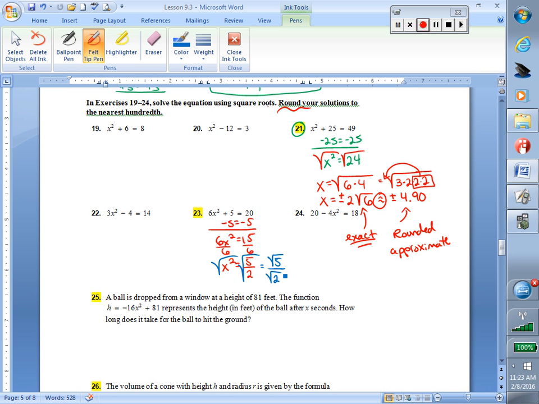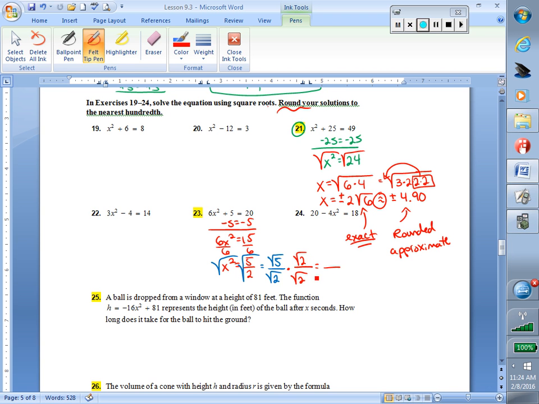We can't have a square root in our denominator. So in order to get rid of that, we multiply numerator and denominator by whatever radical we need to get rid of. So if it's the square root of 2, I multiply by square root of 2. Or if it's a square root of 3, whatever the case may be.